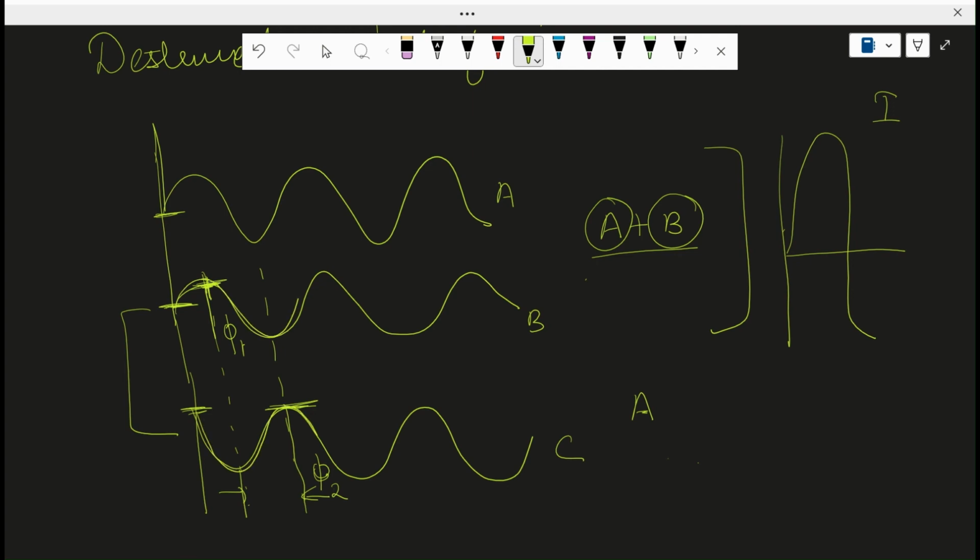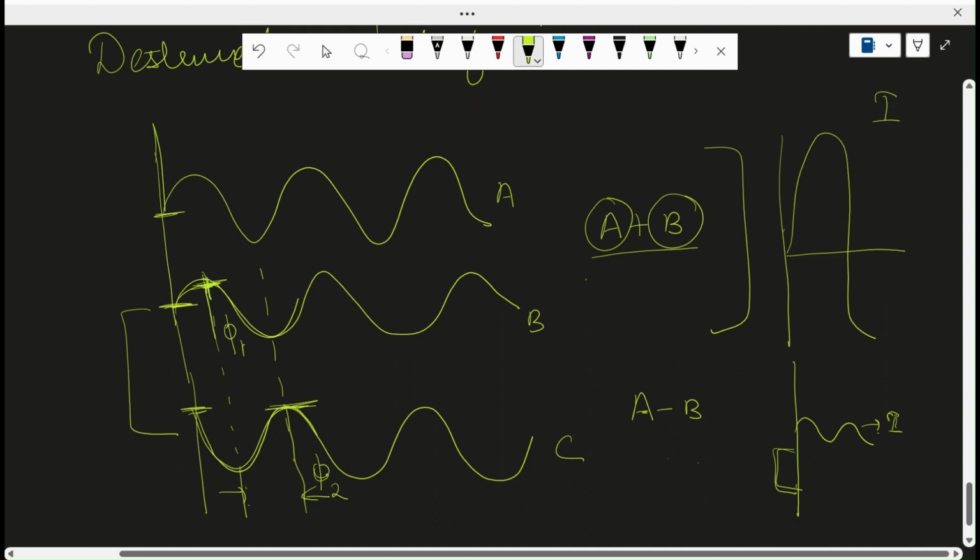So this will be subtracting. So there we will get a wave with lesser amplitude, right? So where the intensity or sharpness was less, we got a lighter fringe, which means that this is a dark patch, and this will be a bright patch, right? So the interference between these two waves is constructive, and the interference between these two waves is destructive.